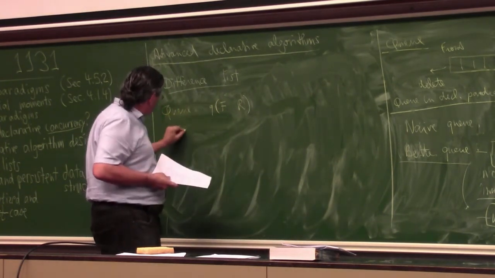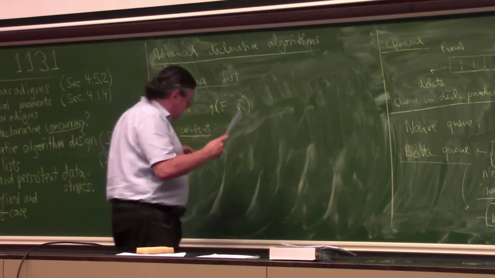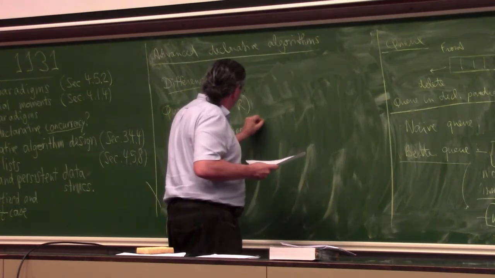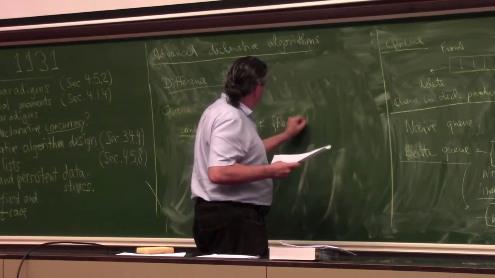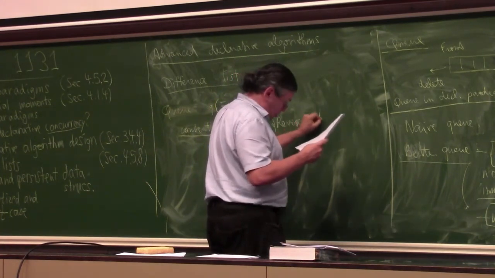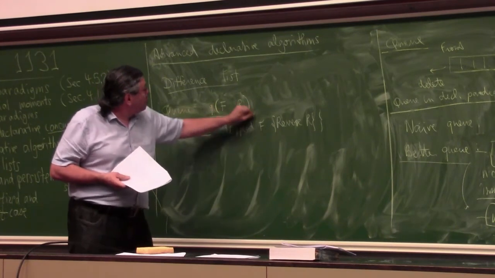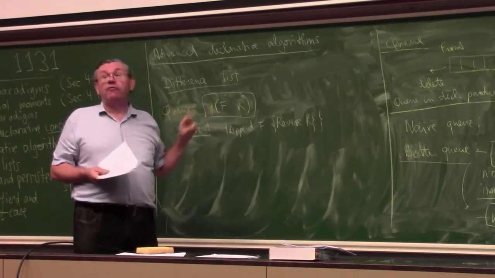In fact, the content of the Q is a combination of both of these. It's append F, reverse R. Okay? So the actual content of the Q is a combination of these two. It's F plus the reverse of R.